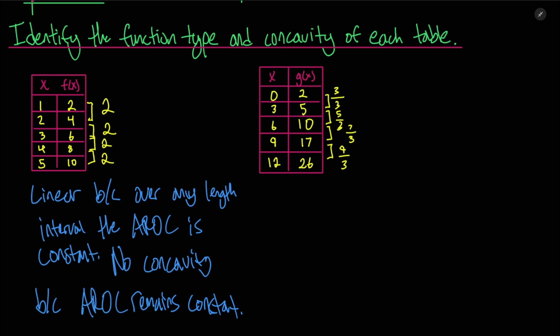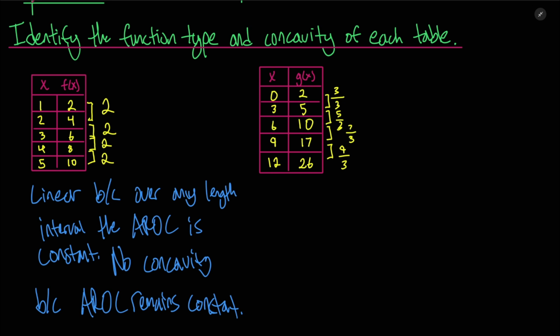So now, let's talk about the value of these. What do we notice about these? These are all different, right? Our average rate of change is increasing over all those intervals.